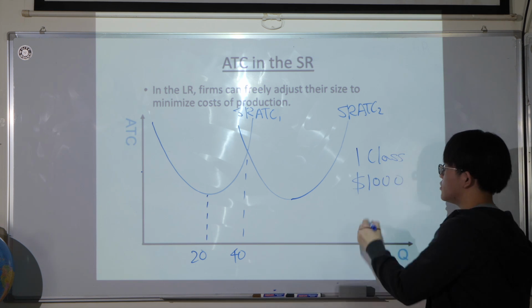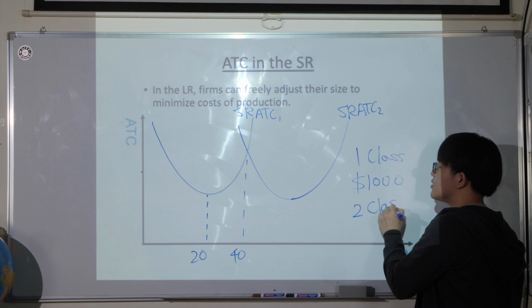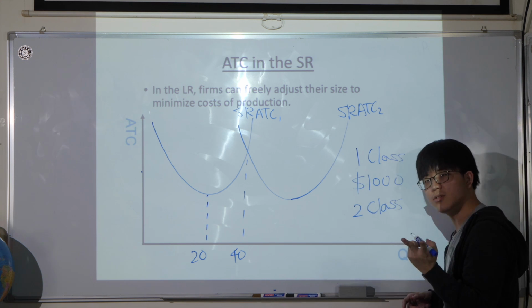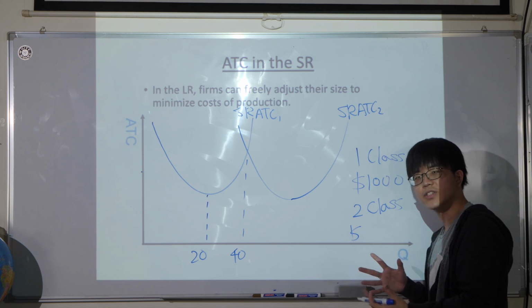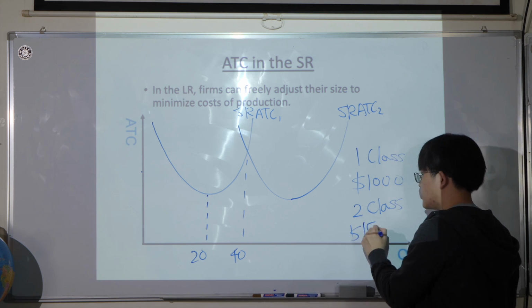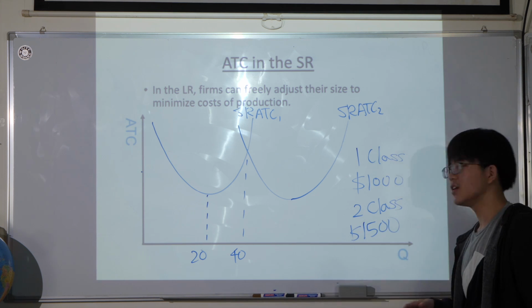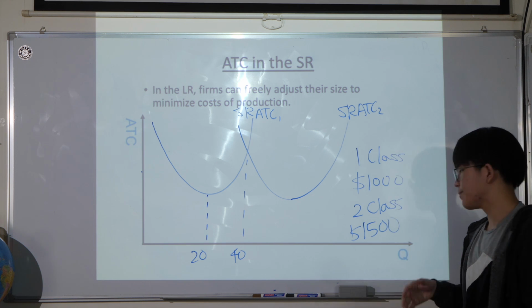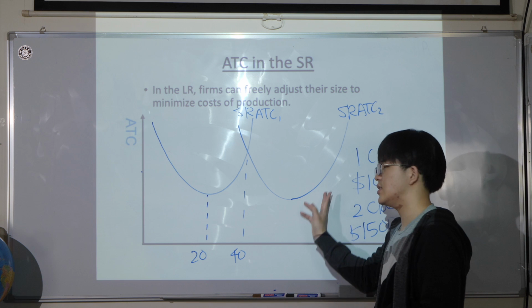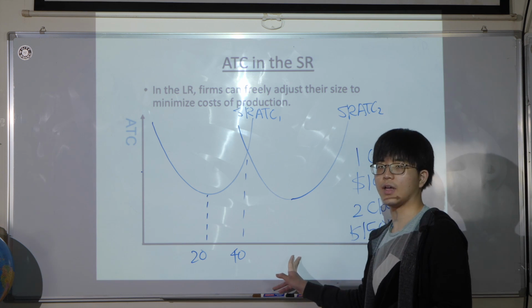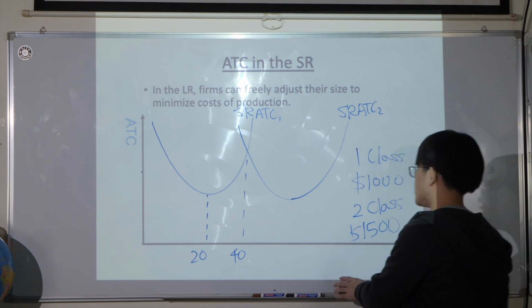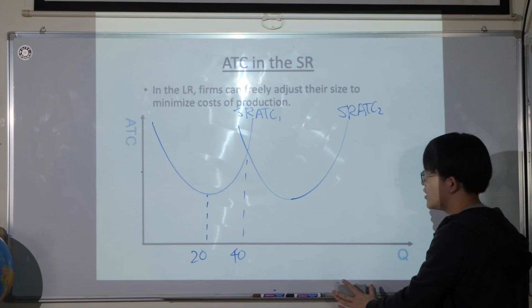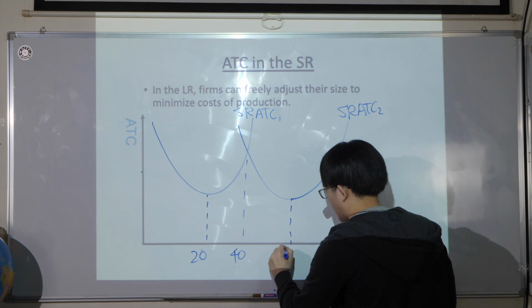But if you want to rent 2 classrooms, it's not just multiplied by 2, you can make a deal with the landowner, perhaps $1,500. Then the ATC of course will decrease, right? That's the reason why the long run ATC curve will shift downward as well, not only rightward, because we have more quantity.